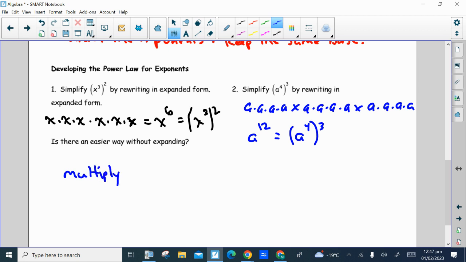This is known as the power law for exponents.